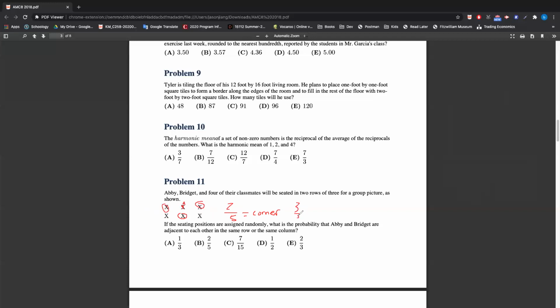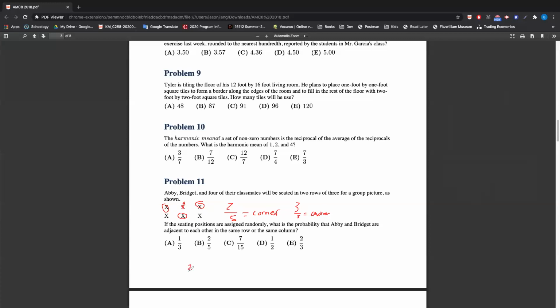So we know that 3/5 is these sort of center spots. And we can't just take the average, because the chances that Abby is in a corner versus an edge is different. Right? There are 4 corner spots that would all be 2/5, but there are only 2 center spots that would be 3/5. So we have to take that into account.